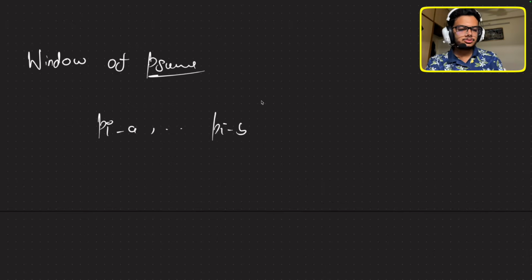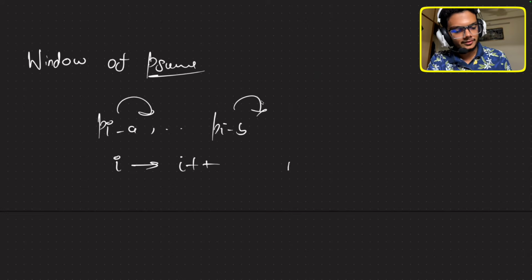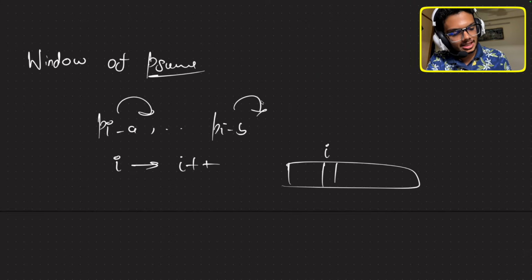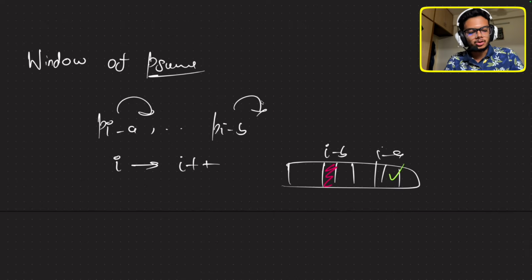And when I moves ahead, when I becomes I plus plus, then this also shifts ahead. If this was I minus b and this was I minus a, when I moves ahead, we also move ahead one step here, and one step here. So this is gone, right? In a way, we remove one prefix sum from the left part and we add one more prefix sum from the right end, right? So it's sort of we have to slide the window while keeping track of prefix sums.